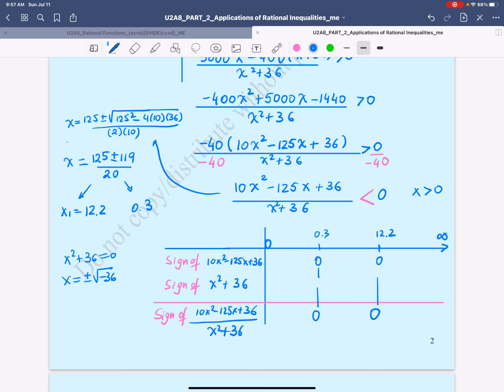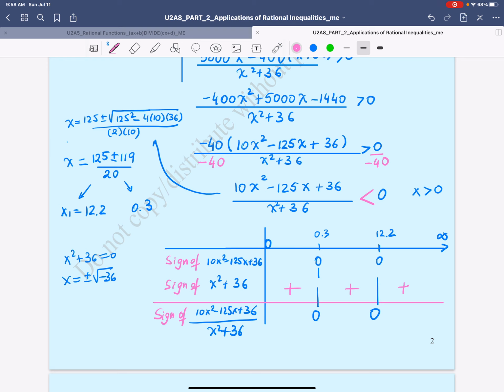Since we just talked about it, let's make this all positive. Now let's take a look at 10x squared minus 125x plus 36. In between the zeros, since it's a parabola that opens up, the value will be negative.